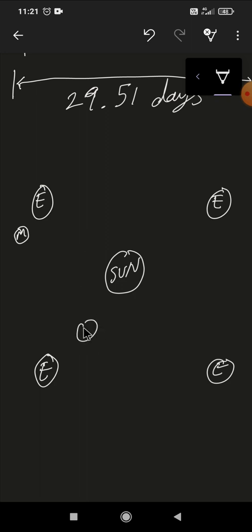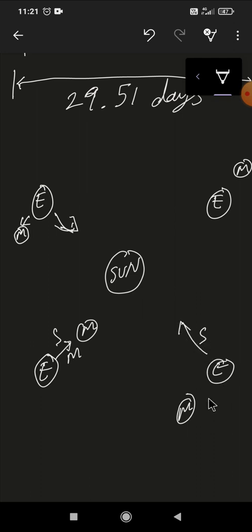We are considering all the four cases. Here there is the pull of the Sun, and this is the pull of the Moon. Similarly, here there is the pull of the Sun and Moon both, and here is the pull of the Sun and here the pull of the Moon.